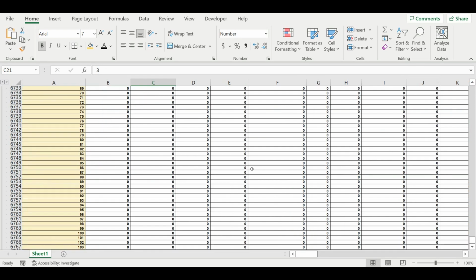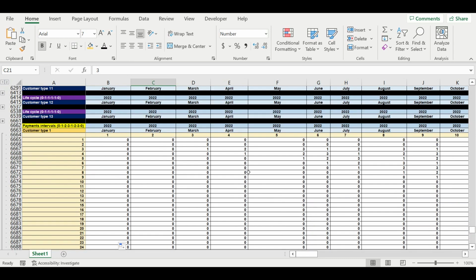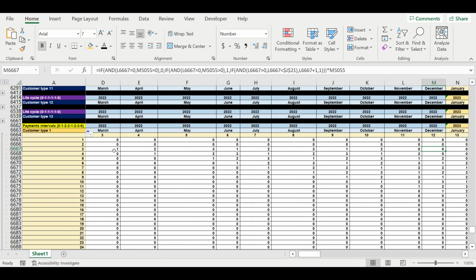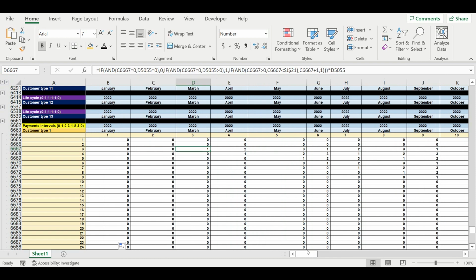So we go here and see: 1, 2, 3, 1, 2, 3, 1, 2, and then he disappears after 8 months: 1, 2, 3, 4, 5, 6, 7, 8, and then 0. Then he disappears. And when we have 1, we will have a payment from this type of customer. So now we'll do the same for all other customer types.